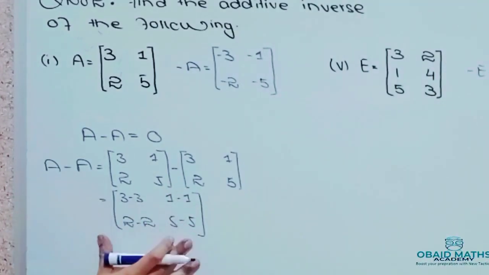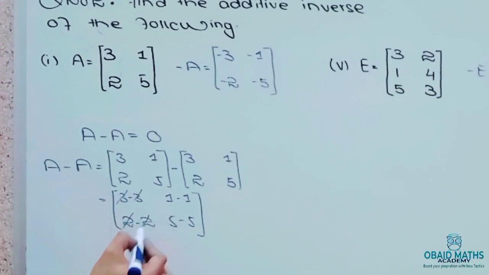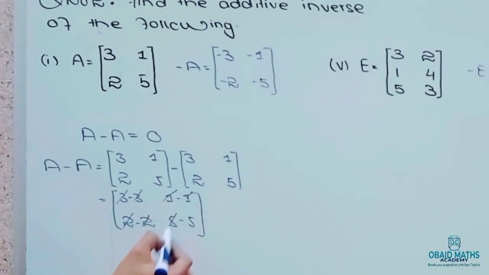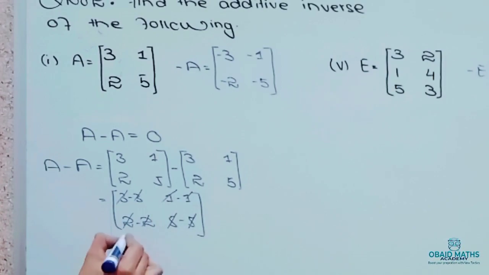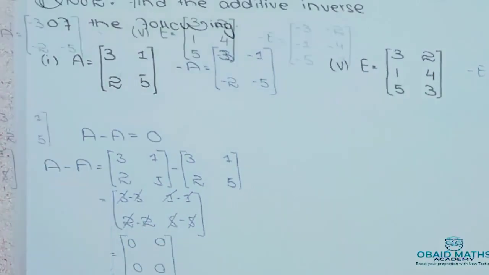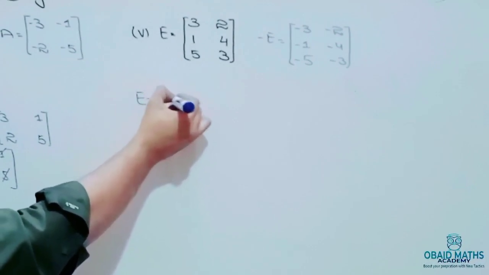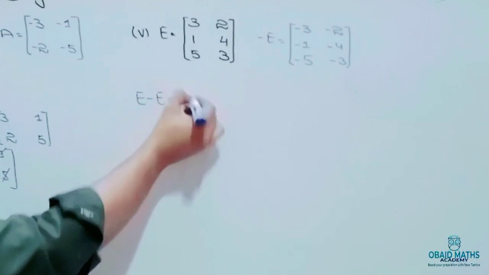In the entire session, like 3 will be cut down 3, 2 will be cut down 2, 1 will be cut down like 1, 5 cut down 5. So all the numbers will be equal to 0, 0, 0, and matrix close. The next part is that solve E minus E, and the solution of those matrices will be also equal to 0.